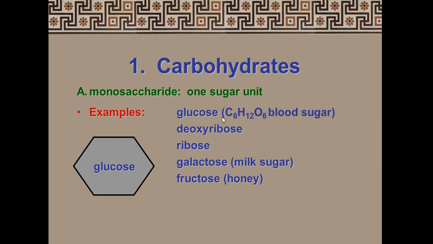Glucose, which is found in your blood. This is your blood sugar. Deoxyribose and ribose we'll talk about later on in this semester, but those are sugars found in our DNA and RNA. Galactose, which is a milk sugar, and fructose, which is actually found in fruit.